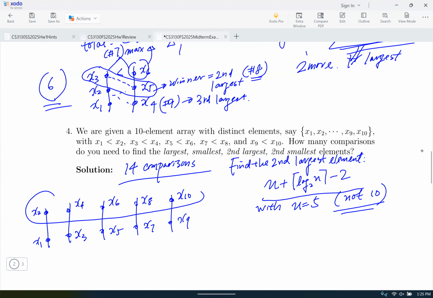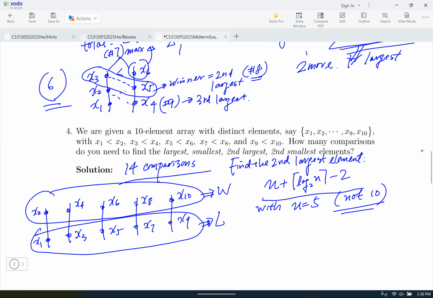So winners group has 5, losers group also has 5. You apply this formula on the winners group the first time, and the losers group the second time.